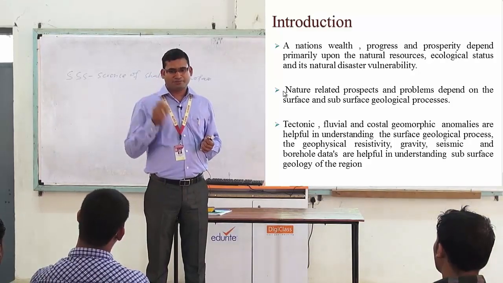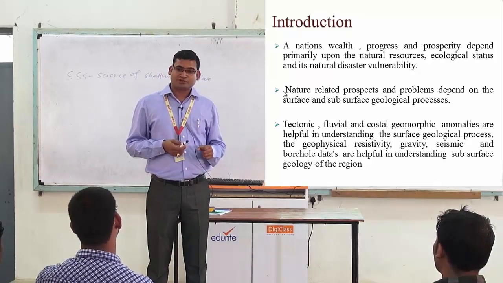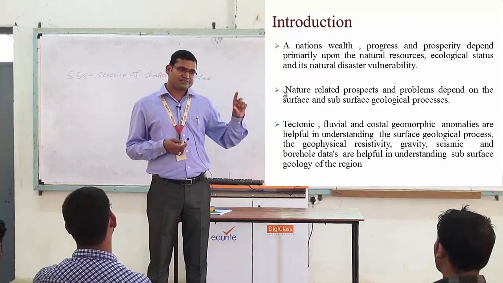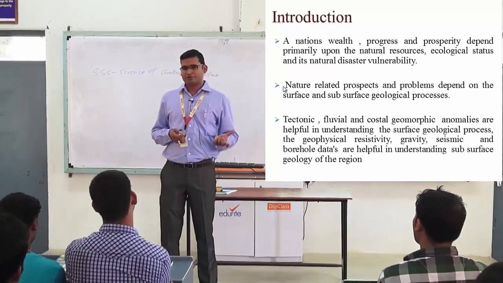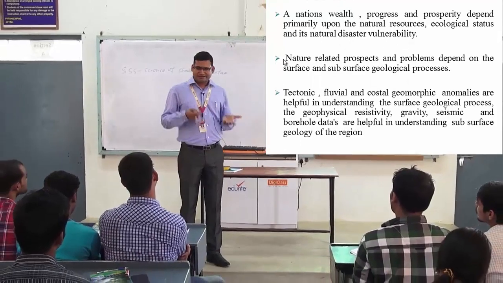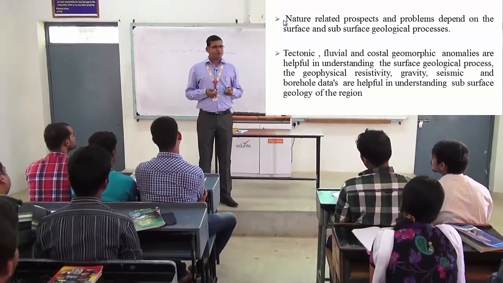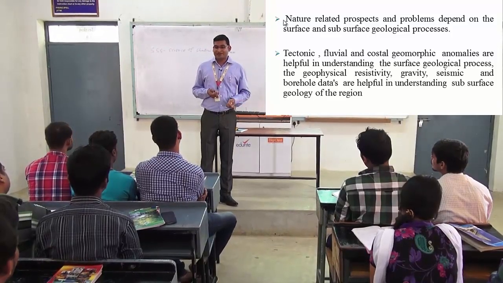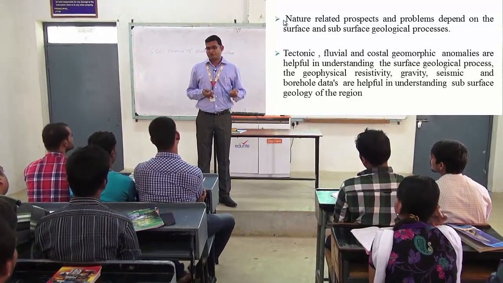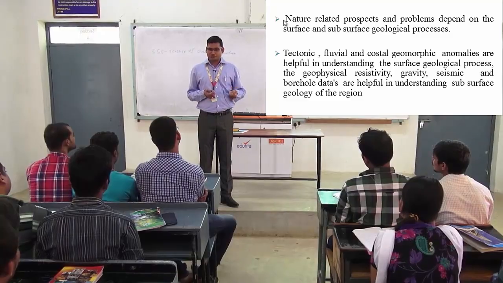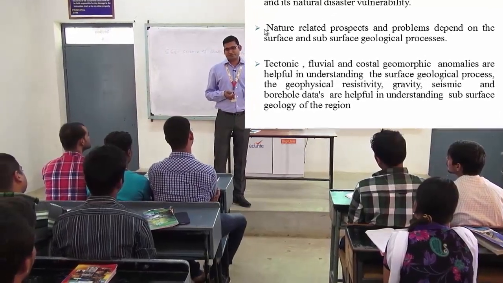But for the subsurface study, you take the resistivity data up to the shallow subsurface depth of 100 meters. Then you take the gravity data, maybe within the 5-kilometer depth, and the borehole data means the identification of the different layers and structures present below the subsurface of the earth.